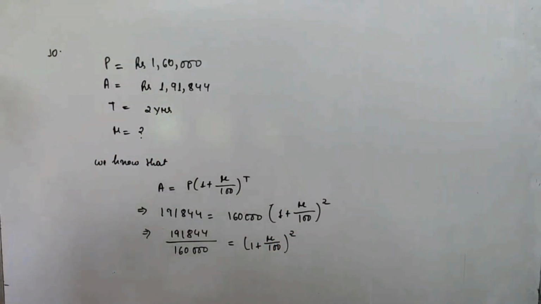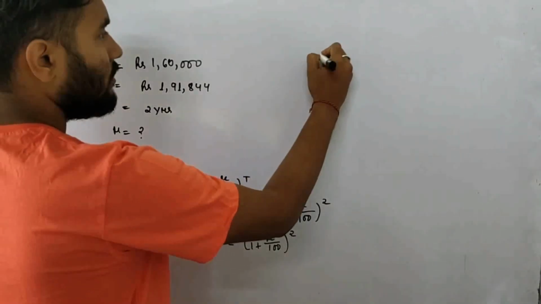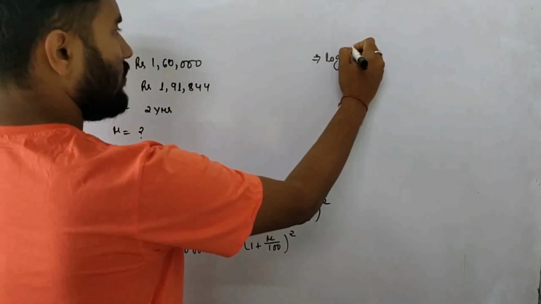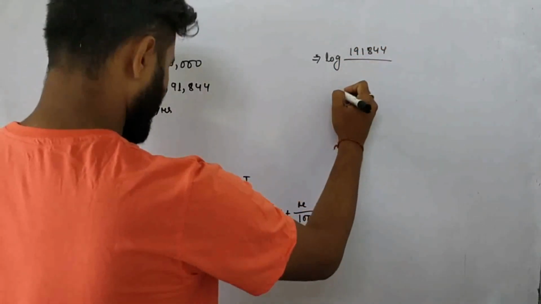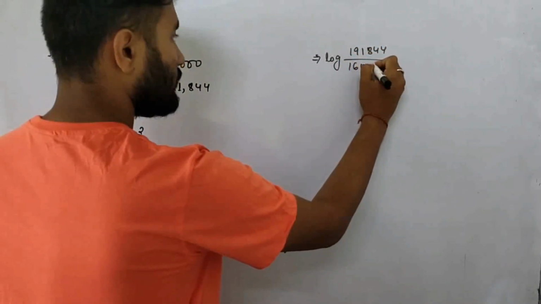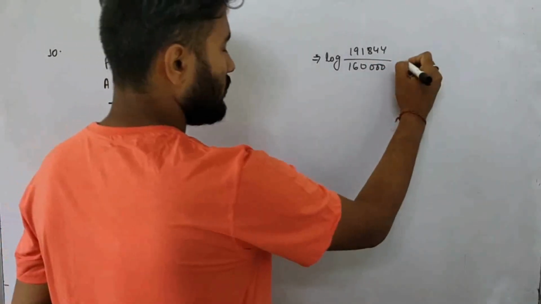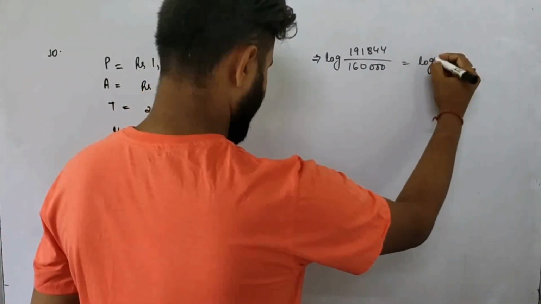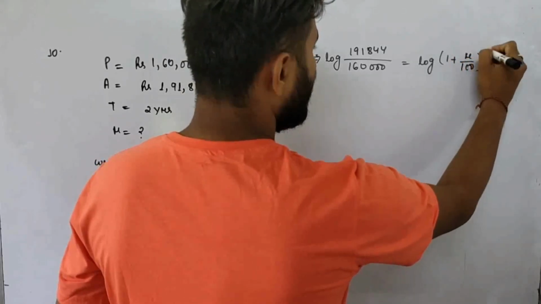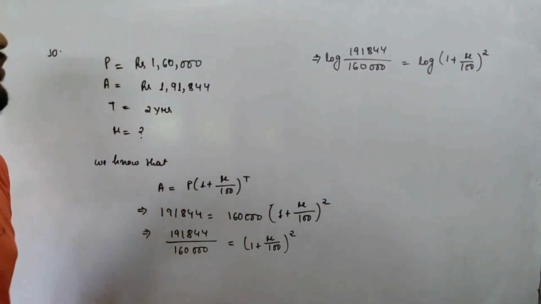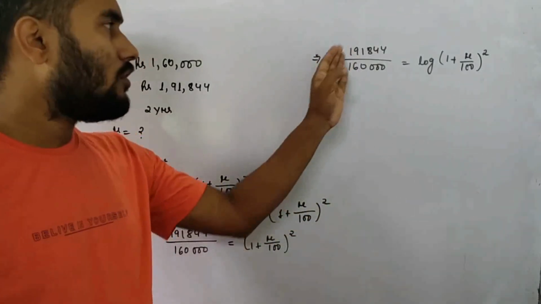This one is done. Now, simply, on both sides you bring log: log of 191,844 by 160,000 is equal to 2 log of 1 plus r by 100. So 2 will come in front. Log a by b is what?